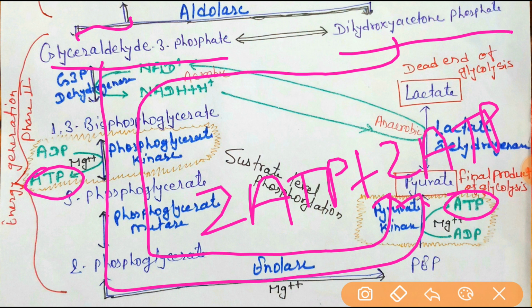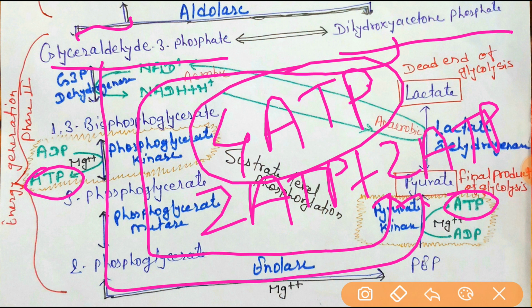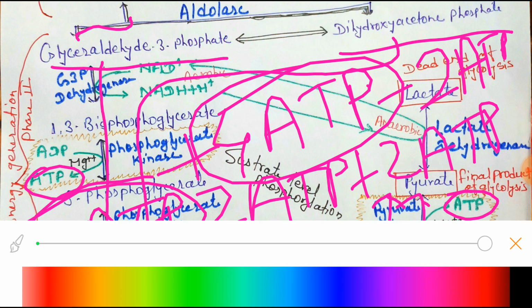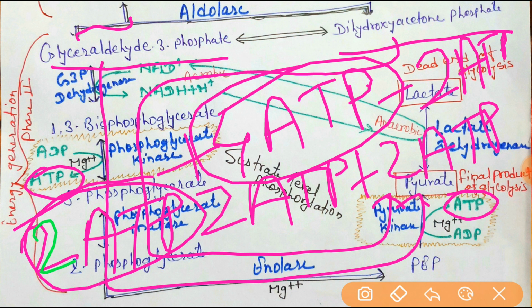That means 4 ATP are formed and 2 ATP are utilized. So net gain of the ATP in glycolysis will be 2 ATP.